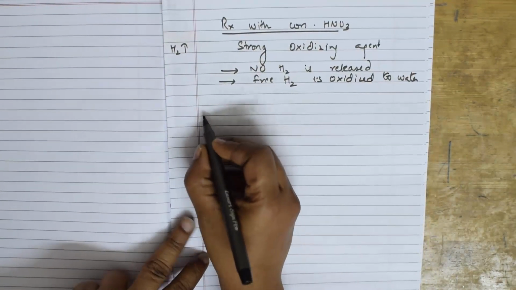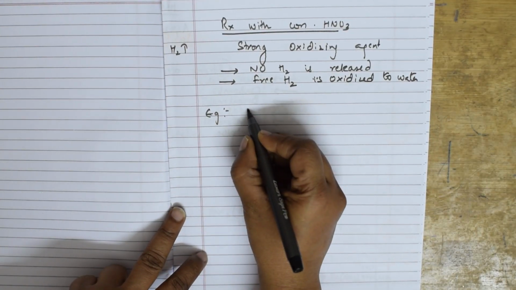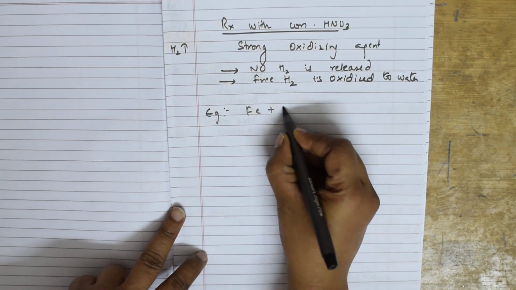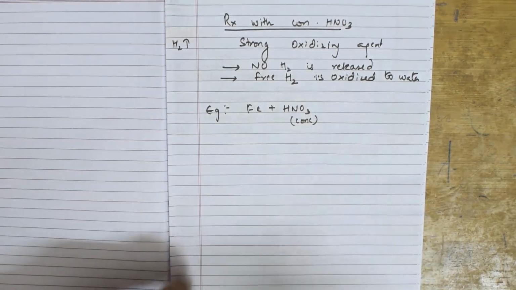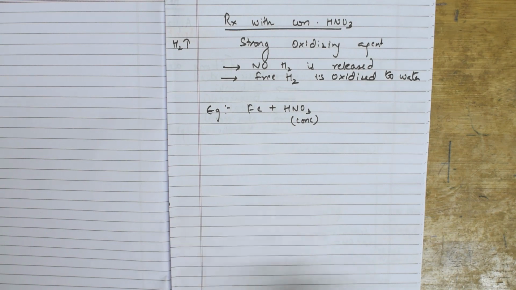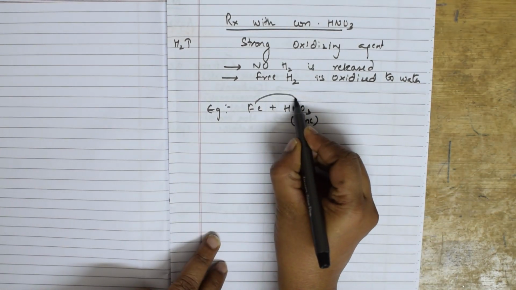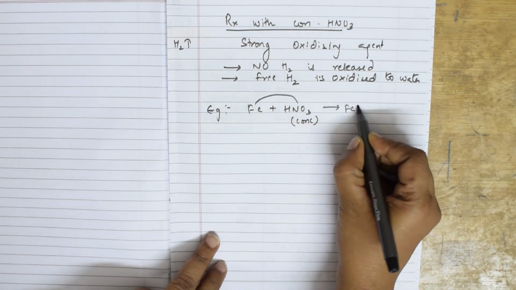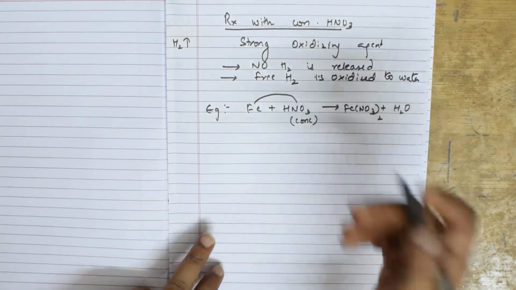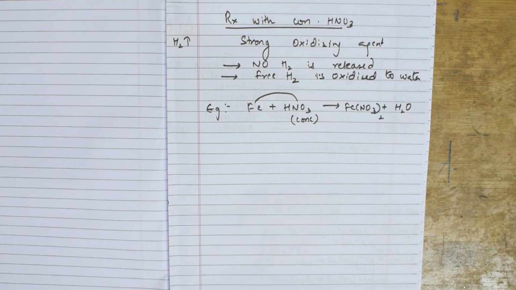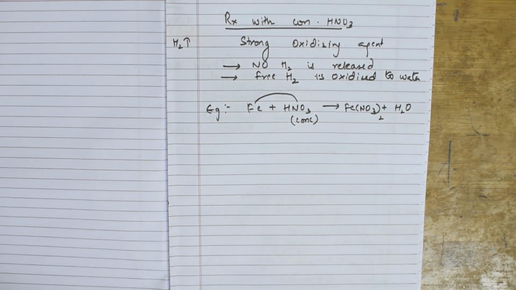Suppose I take the first example, Fe. I'm going to add concentrated nitric acid to this. What am I going to get? As I told you, metal nitrate is the first one, Fe(NO3)2 plus water, because the hydrogen released is getting oxidized to water. Done. That's the first thing.